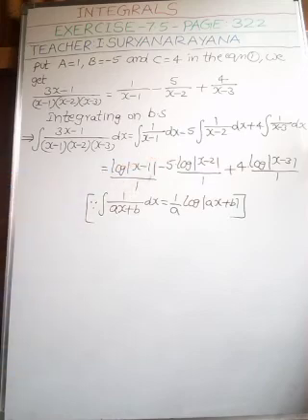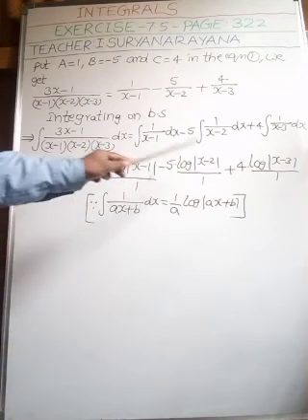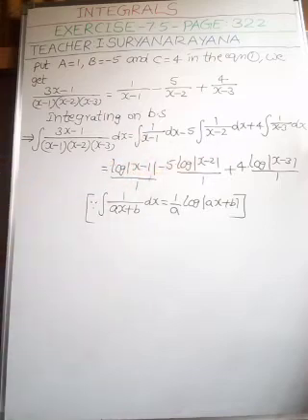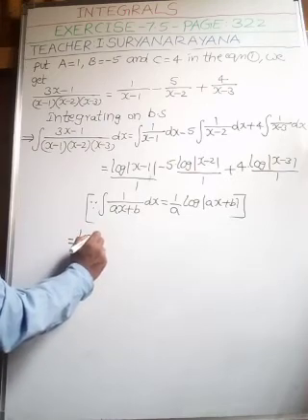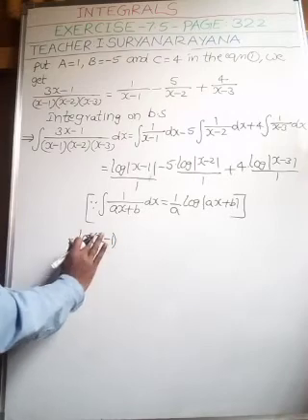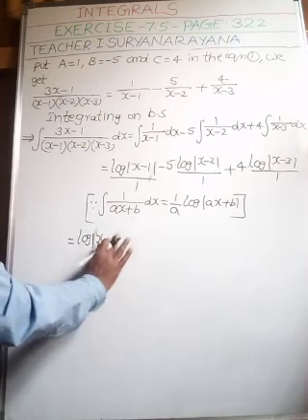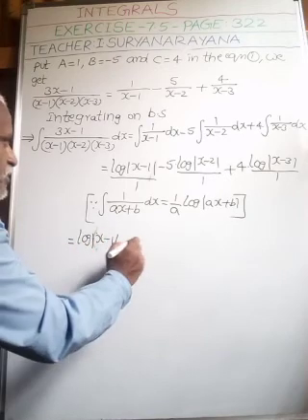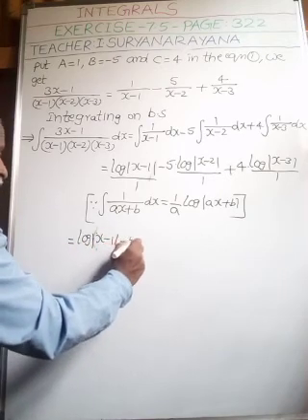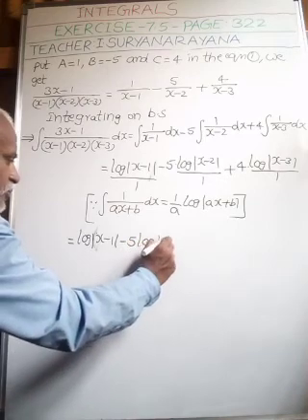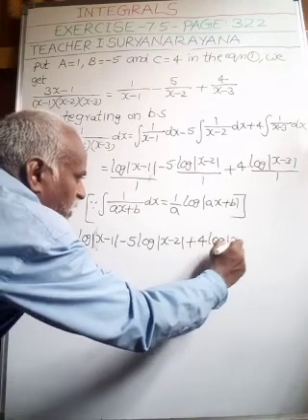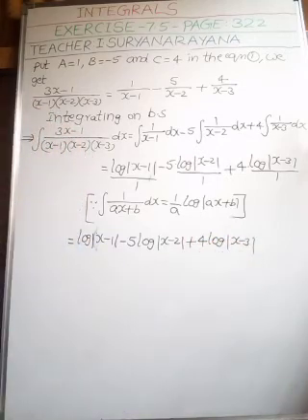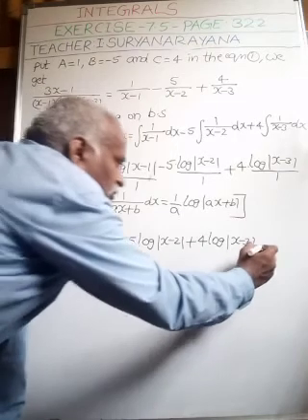Right. Then we can use the logarithmic properties, or we can leave it at this step also. Okay, my children? Right. So log mod x minus 1 minus 5 log mod x minus 2 plus 4 log mod x minus 3, plus c.